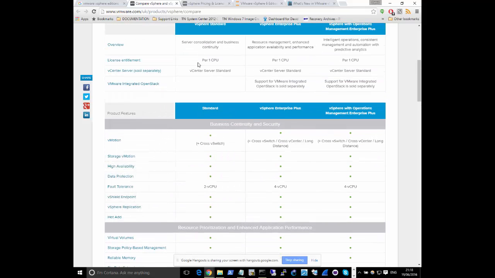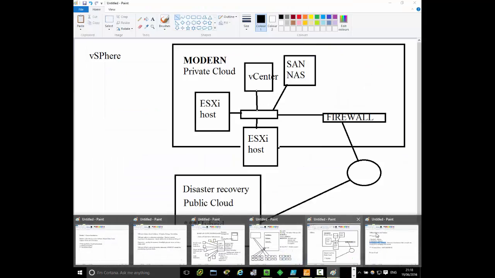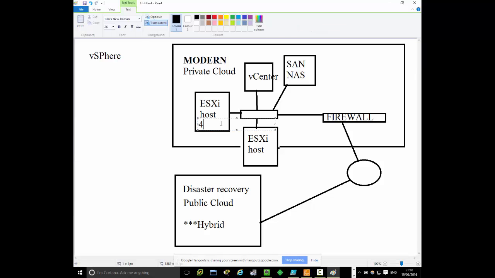Here's the other thing to mention: the licensing is per CPU, not per CPU core, but per CPU. What does that mean? Back to our data center picture, let's say this physical server has 2 CPUs, and this one has 4 CPUs.